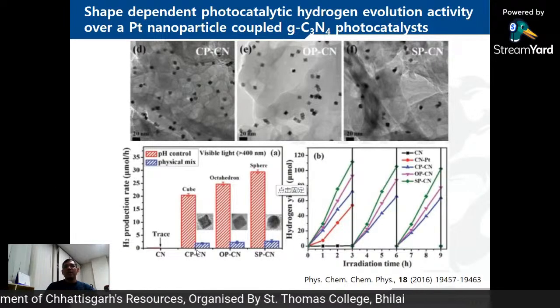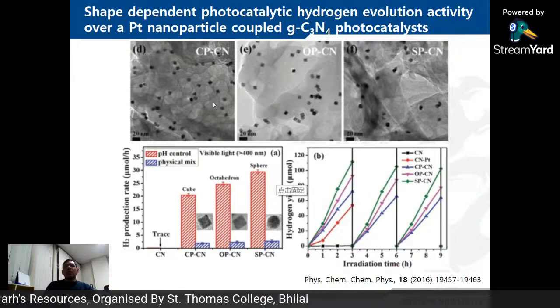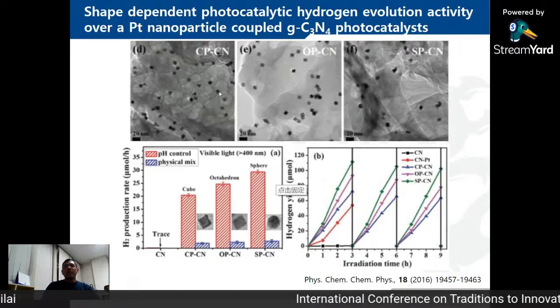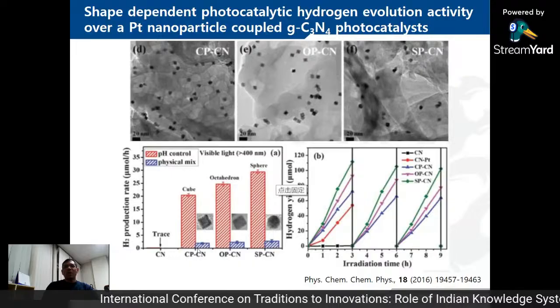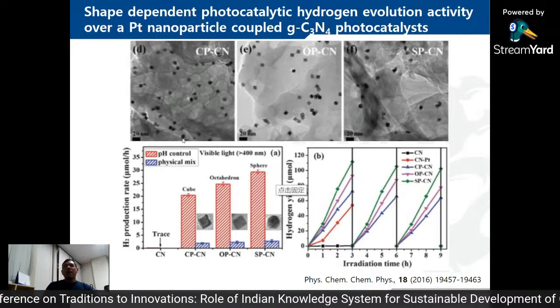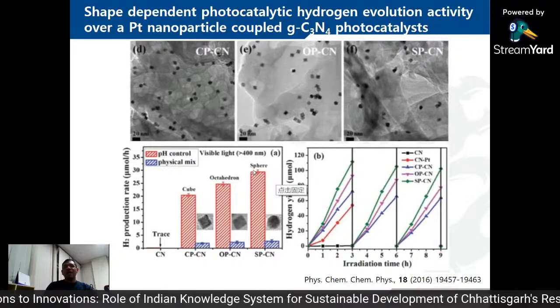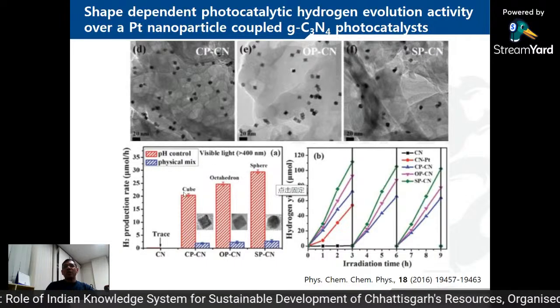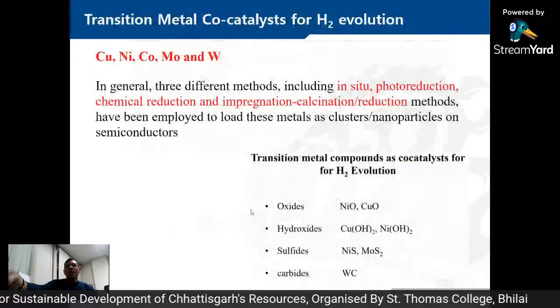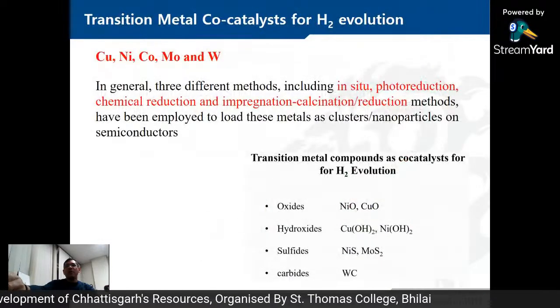You can see here, when platinum nanoparticles are loaded over the carbon nitride material, the cubic one shows the lower activity, whereas the spherical platinum nanoparticles show the highest activity compared to the cubical as well as octahedron nanoparticles. So this is one of the criteria for the preparation of the materials.